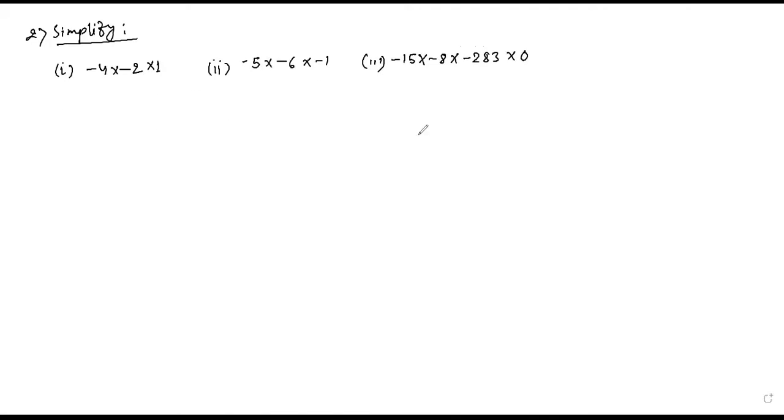Before starting these 3 questions, let's revisit some basic rules, basic concepts.